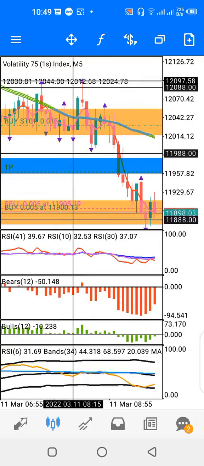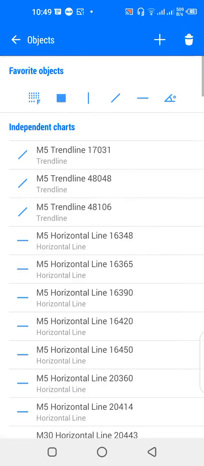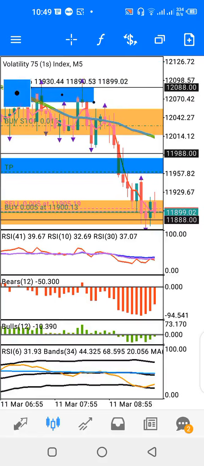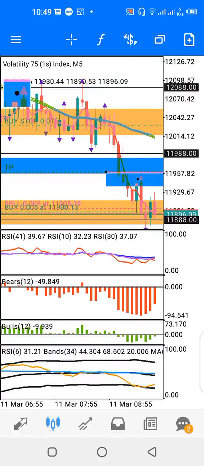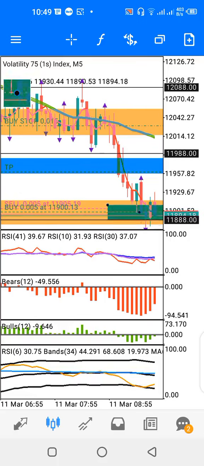If you look at the 12088, for instance, you can see price testing that level on the 5 minute time frame. Price tested the level twice before going down. You can see a clean break on 11988. Then you can see some level of consolidation around 11888.